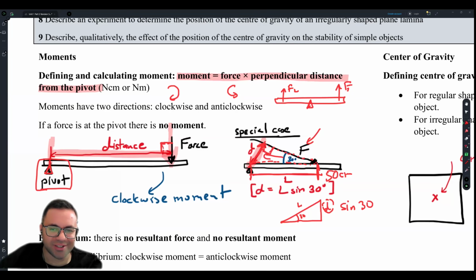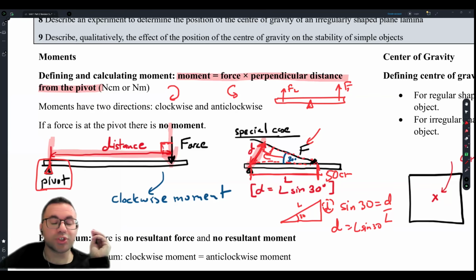Sine 30 equals opposite over hypotenuse, D over L, which means D, which is the distance I'm looking for, is L sine 30. So keep that in mind. This will only be used if and only if the force is not perpendicular to the distance given. Again, this has only happened once.